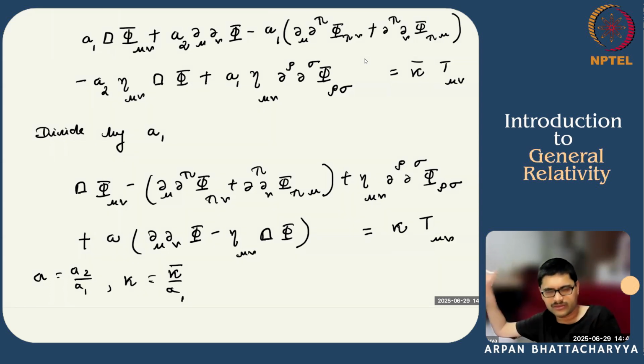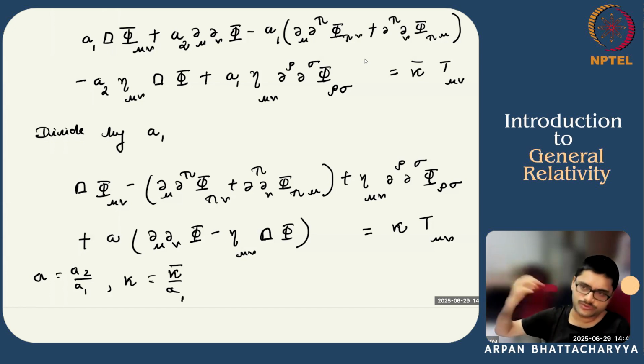Remember for electrodynamics, we are left with just one constant, which we fix by taking the non-relativistic limit and then identifying the potential with the corresponding electrostatic potential, and that fixes the last constant. We will take the non-relativistic limit of this equation, but still, in this case, we have not just one constant, but two arbitrary constants. So what should we do?